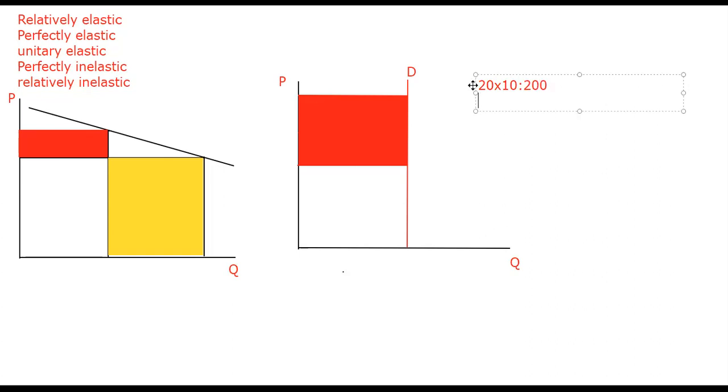If you decrease it to 15 rand times 10, which continues to be the same, you have lost 50 rand. Total revenue is now 150. So in a business sense, you need to increase the price.